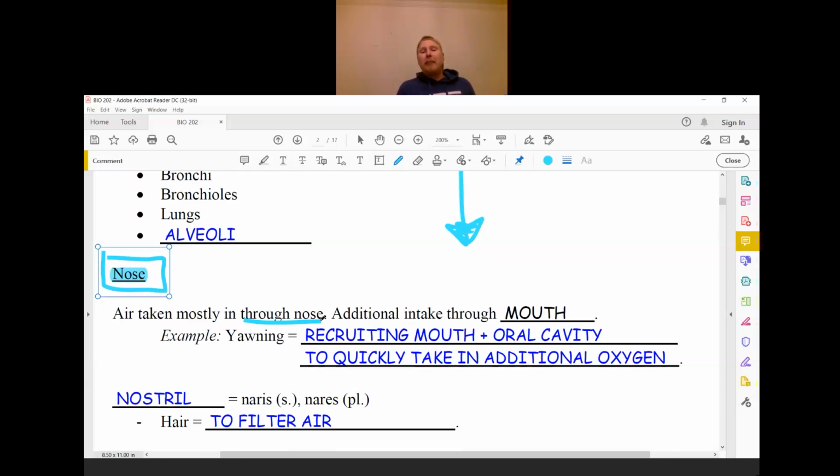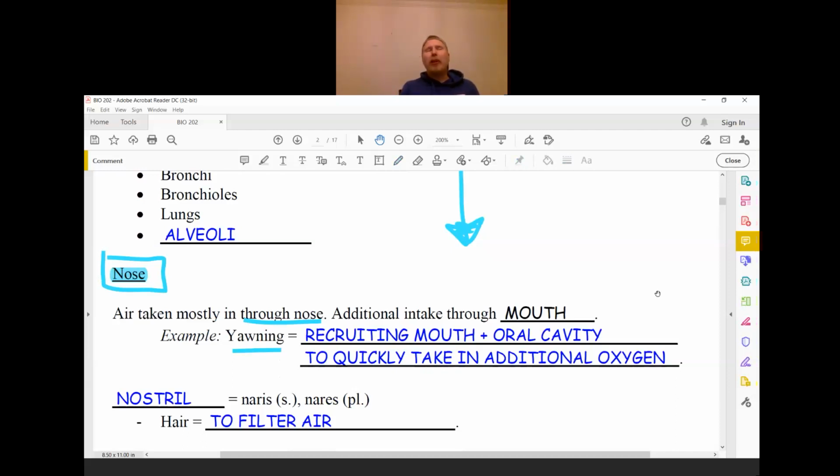There are times when we do recruit the mouth, and one example would be yawning. So what happens in yawning? Often I hear the psychological, more social explanation that it's a response to being bored.